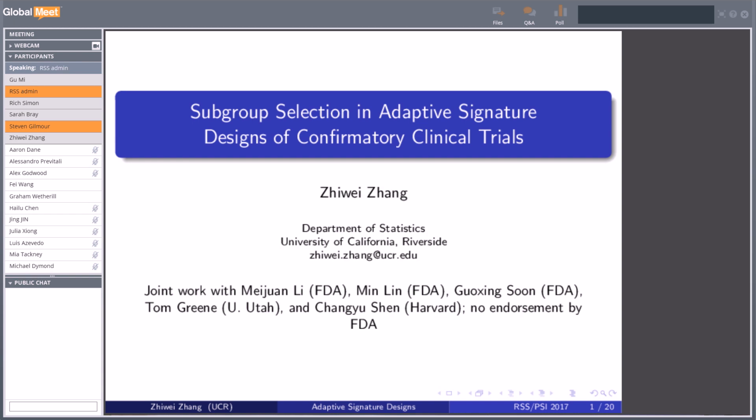Dr. Zhang has done methodological research in many areas of biostatistics, including causal inference, precision medicine, and clinical trial design and analysis. Today, his presentation is on subgroup selection in adaptive signature designs of confirmatory clinical trials. So I'll hand over to Ziwei now to give his presentation.